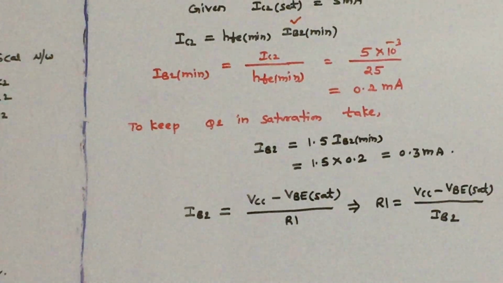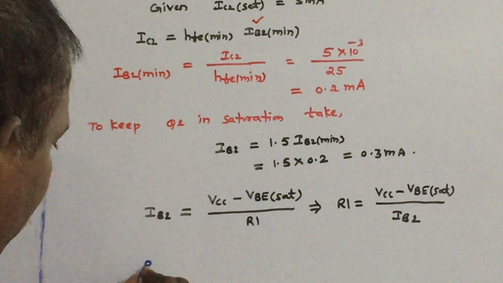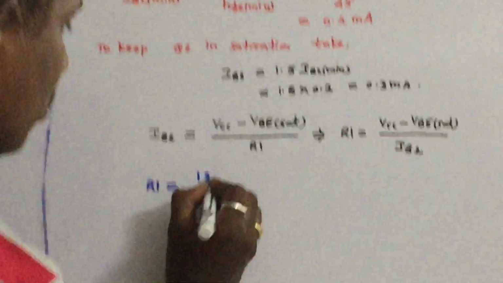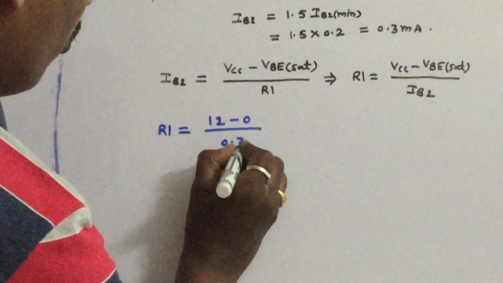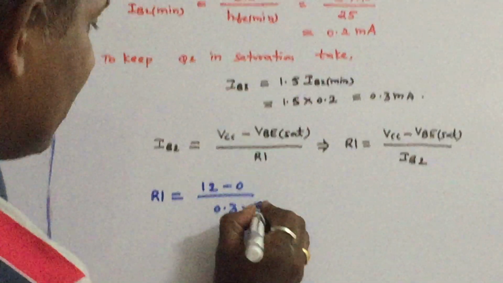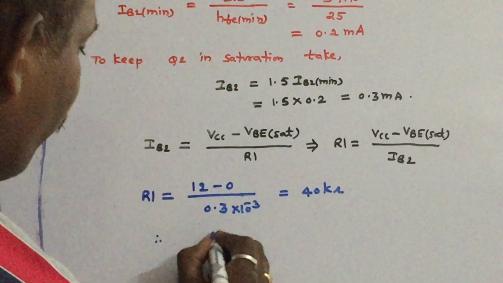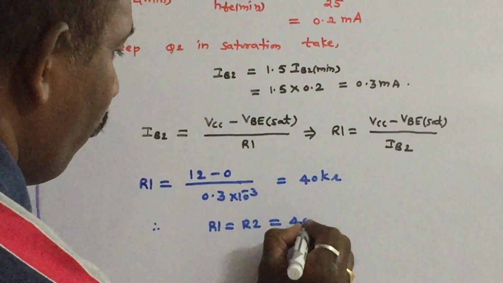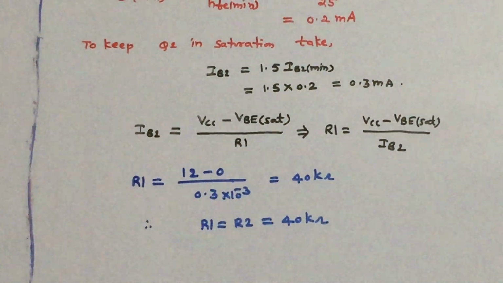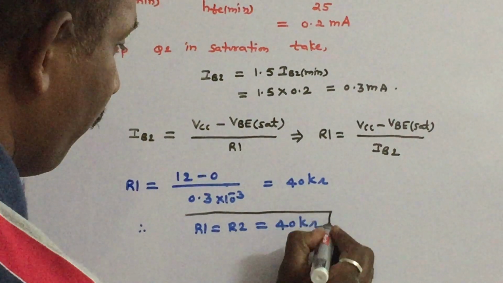Just substitute the values. R1 is equal to VCC 12 volts, VBE we have taken 0, and IB2 is 0.3 milliamperes, 10 power minus 3, which comes out as 40 kilo ohms. So in order to generate a symmetrical square wave, R1 is equal to R2 is equal to 40 kilo ohms. This is the next finding, R1.